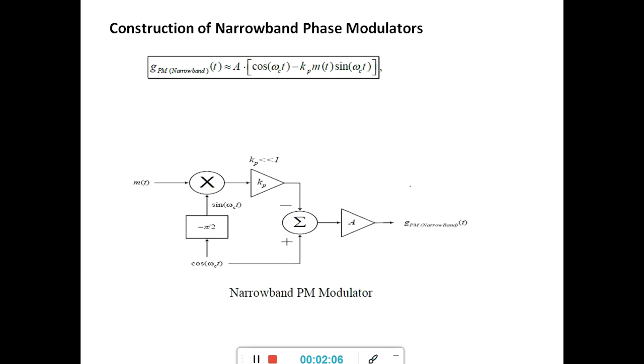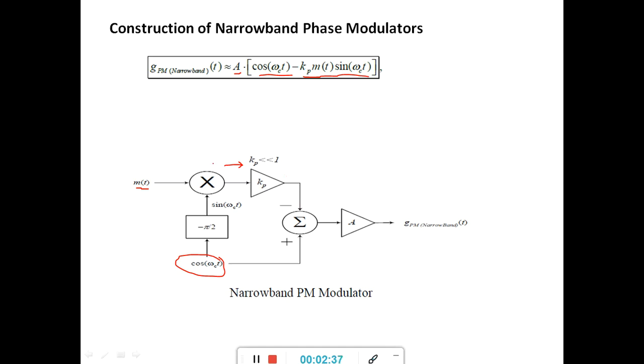Now for the construction of the narrowband phase modulator, the same signal is used as in the previous equation. We use amplitude A, cos of omega ct, Kp, m of t, sine of omega ct. The message signal m of t is directly multiplied with the Hilbert transform of the carrier signal, with pi by 2 phase shift. The output is given to K of p, which is very much less than 1.